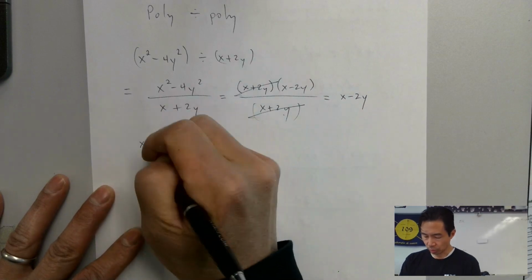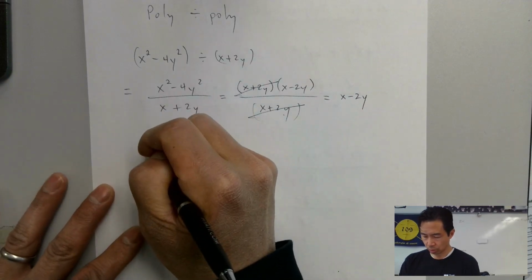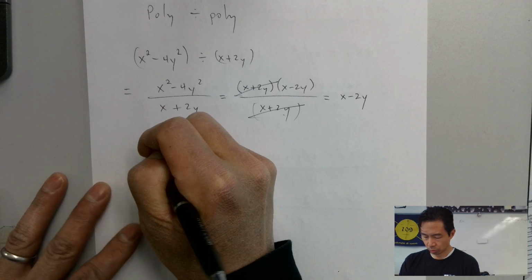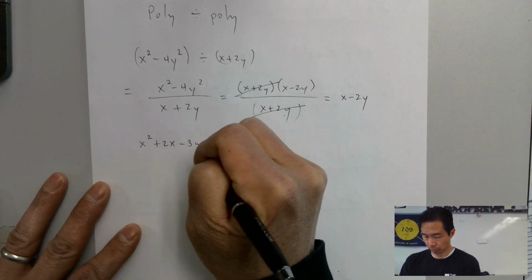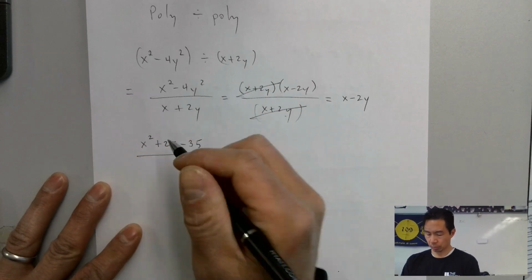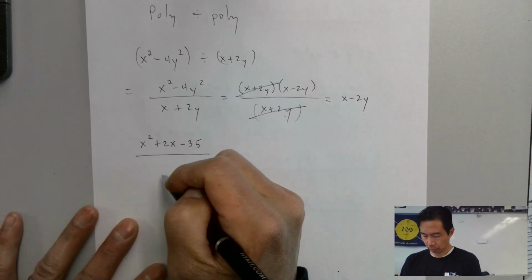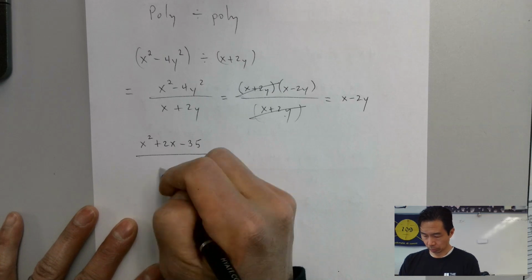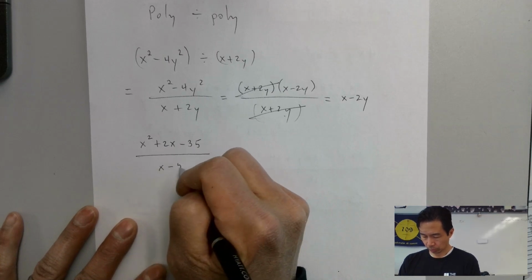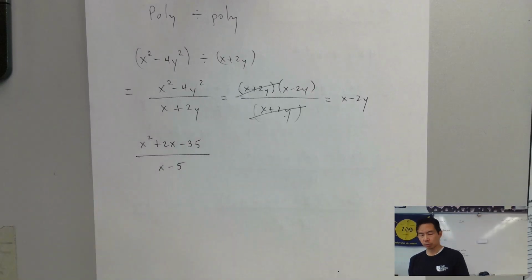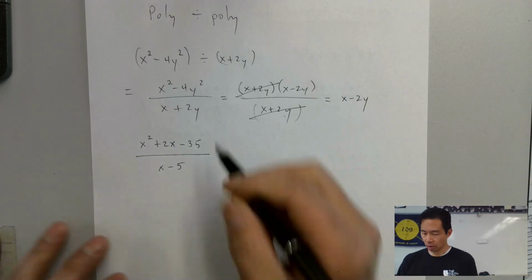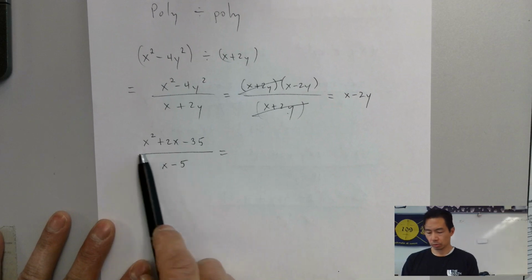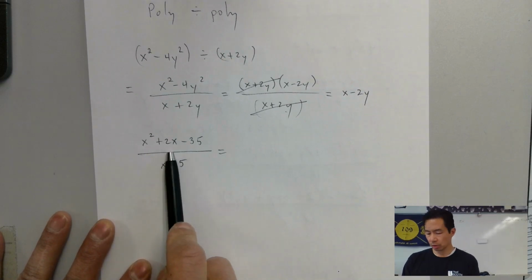That is my answer. That is what x squared minus 4y squared divided by x plus 2y is. Okay, here's another one. x squared plus 2x minus 35 divided by x minus 5. Trinomial might have winners. It does.